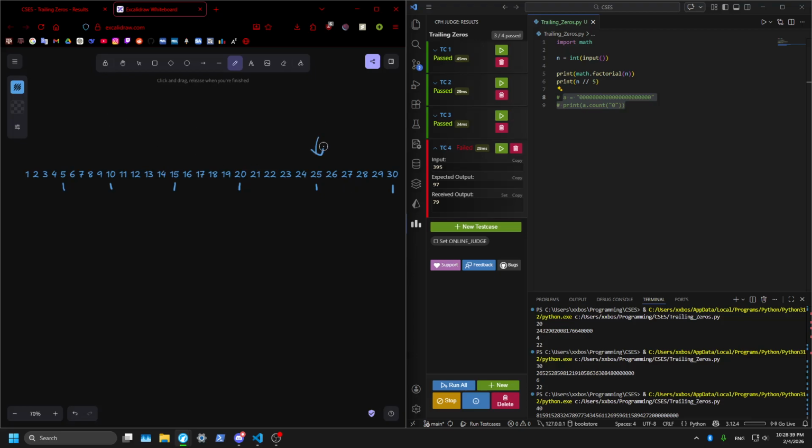It's because this can turn into 2 zeros. 25 can turn into 100. Okay, so which ones can turn into multiple zeros? Here's 25. It's for the hundreds case.